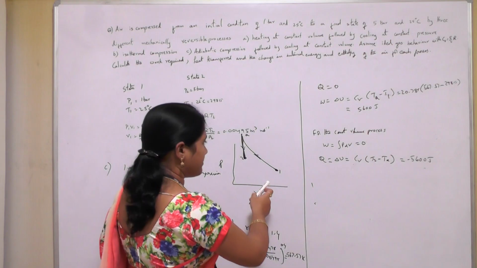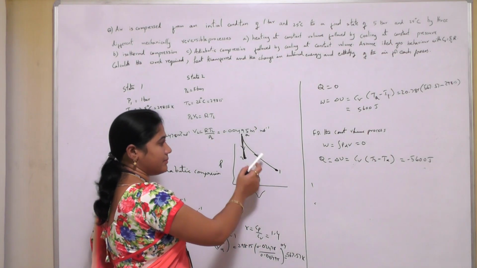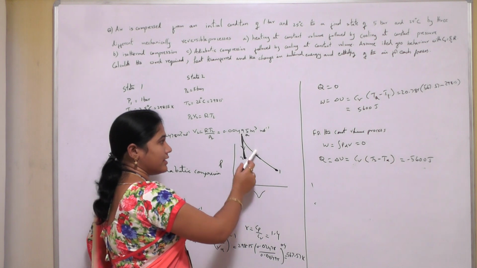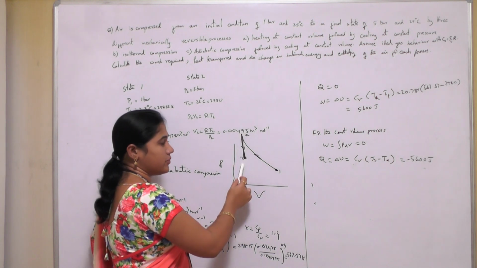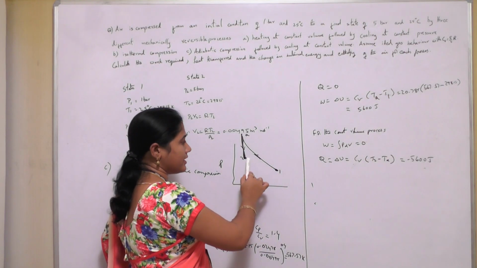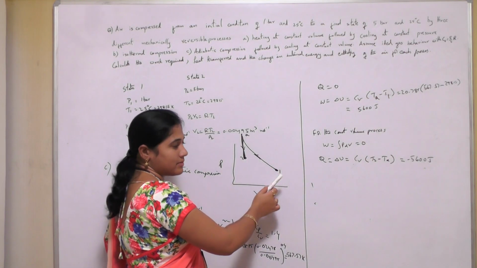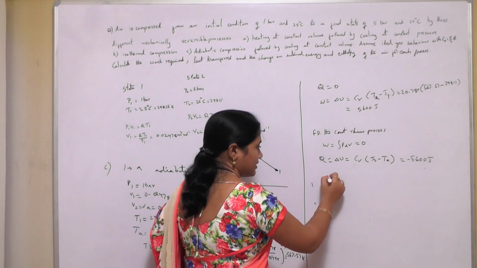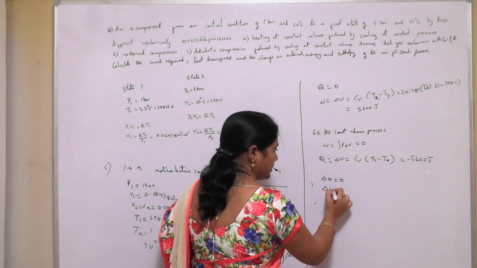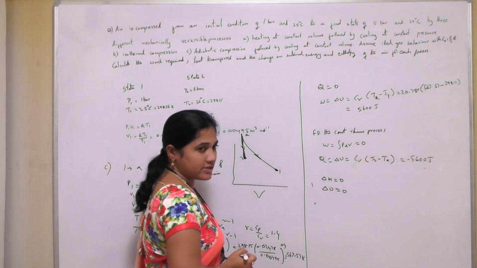For the entire process, 1 to A and A to 2, the temperature of the initial state and the final state are the same. Therefore the change in enthalpy is 0. Similarly, the internal energy change is 0.